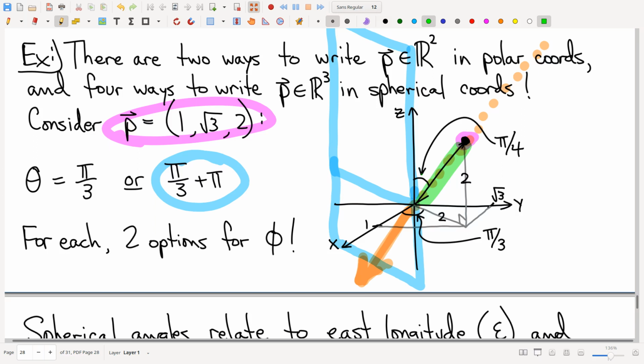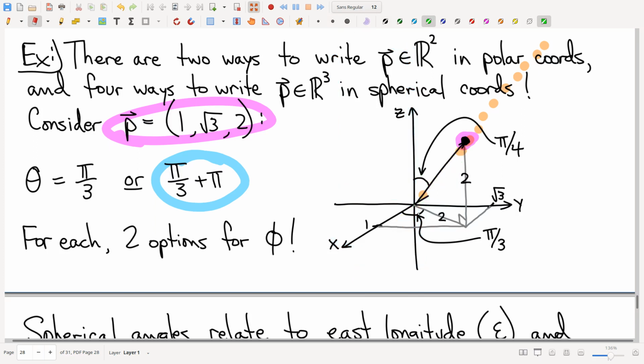So negative value of rho, given that we're going the wrong way. That make sense? So what I've done here is I've talked you through 2 of the 4 ways to represent this point, and keep in mind there are 2 others. I've talked you through how to think about this point from the point of view of, in some sense, the exact wrong, the counterintuitive, the seemingly opposite value of theta.